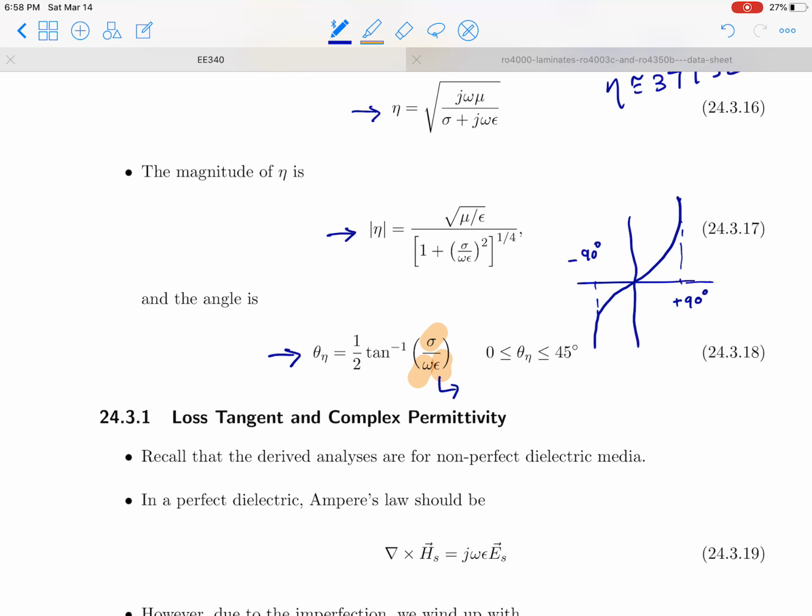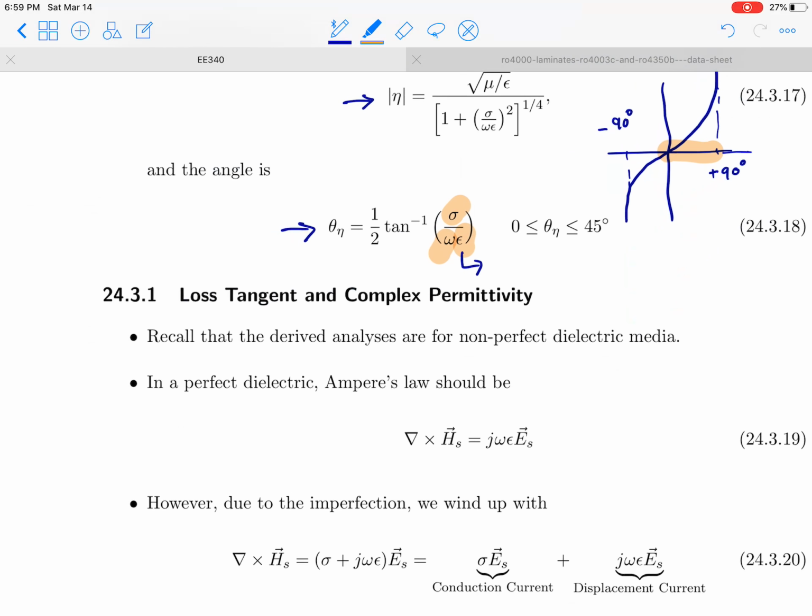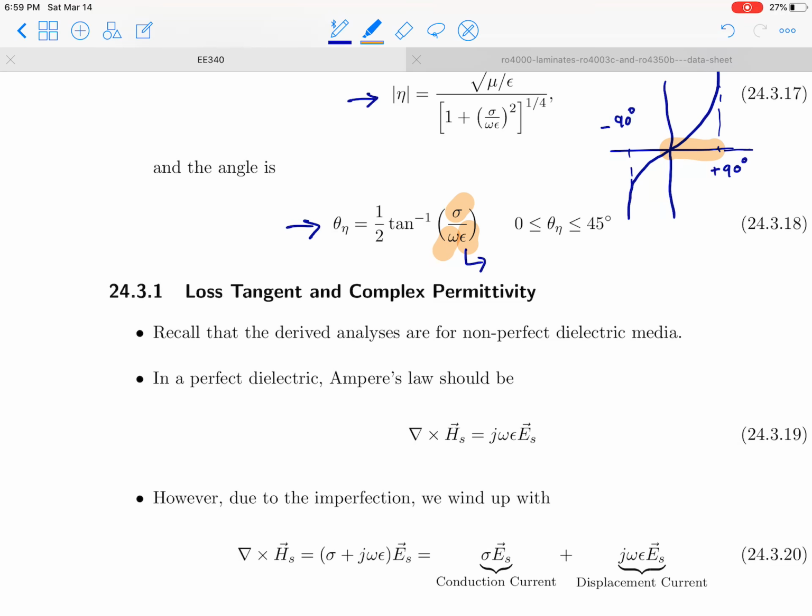However, once we go to metamaterials or double negative materials, the permittivity can be negative. So if it's positive, theta should be in this region. Since we are taking half of that, the interval will go between 0 and 45 degrees.